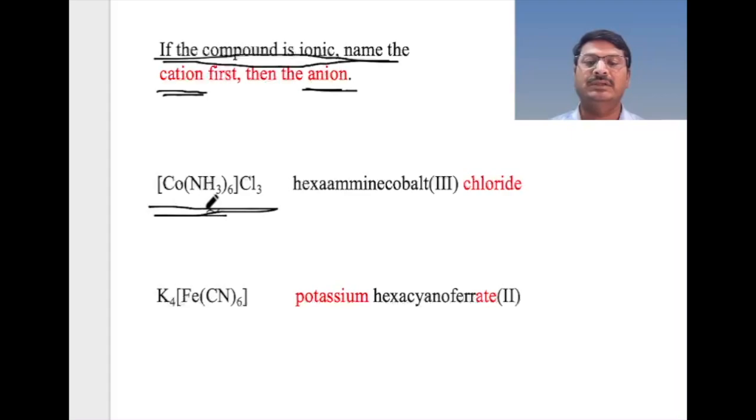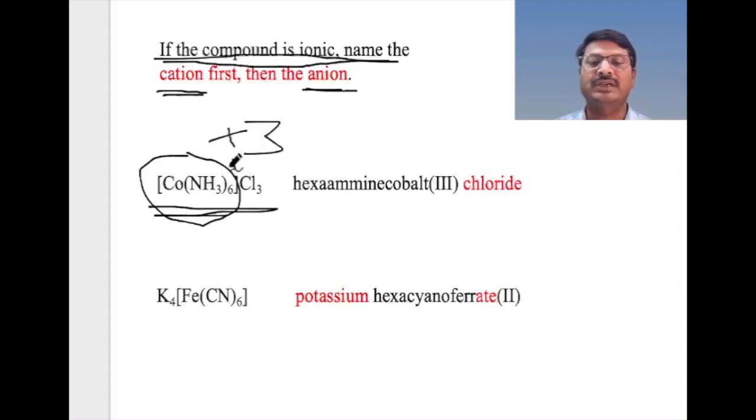This example is positive, that is a cationic complex. Why do you call this a cationic complex? The complex moiety has a +3 charge. And what is the name of the compound?